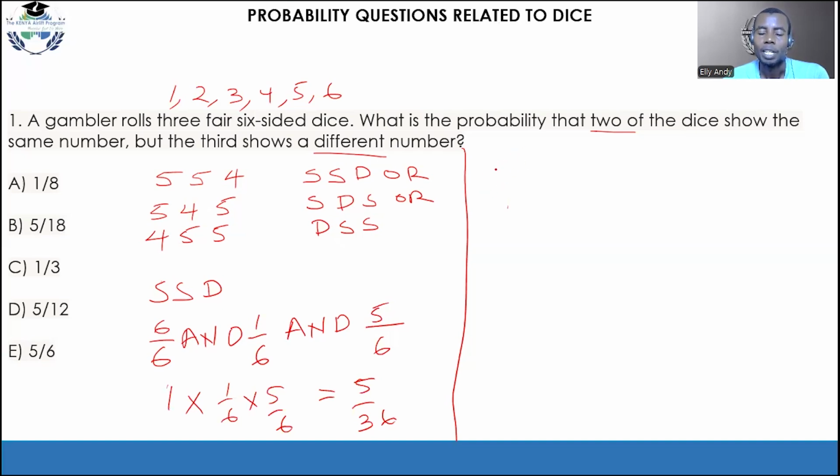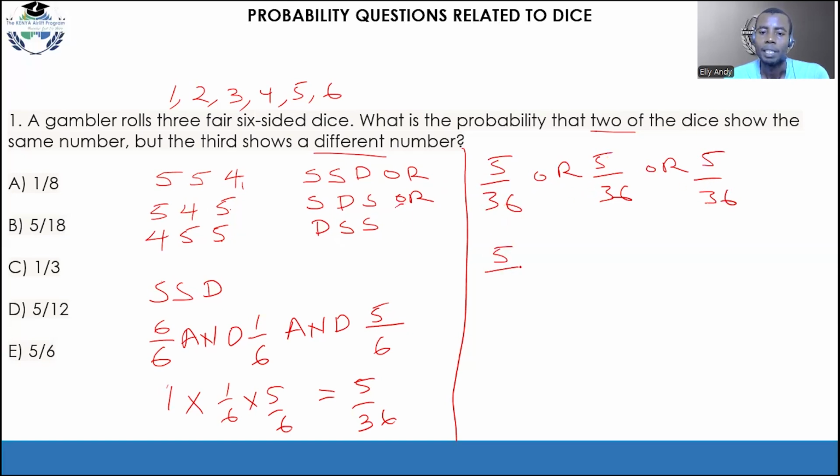So our question can be this or this or this. So that means 5 out of 36, or 5 out of 36 for the second arrangement, or 5 out of 36 for the third arrangement. Now again, probability rules dictate that for or, we should be adding.